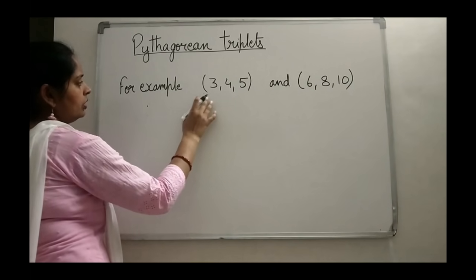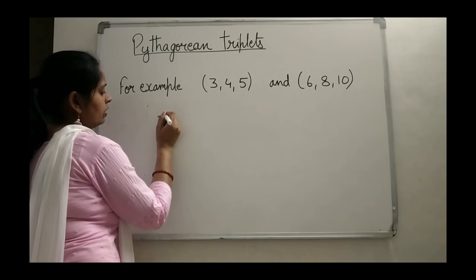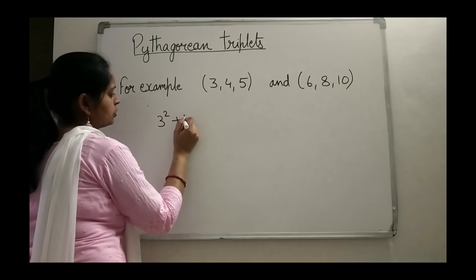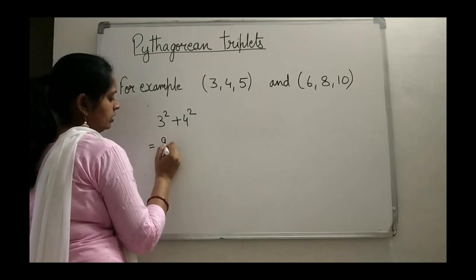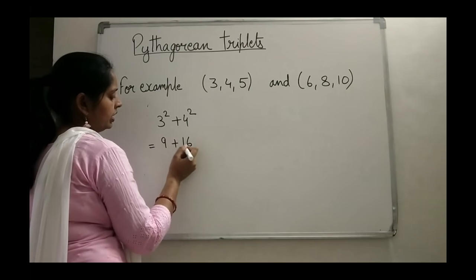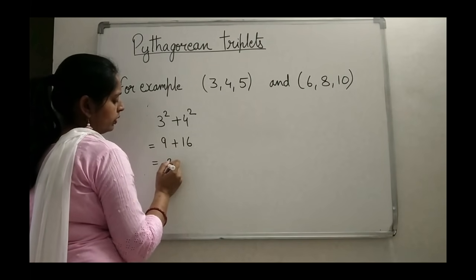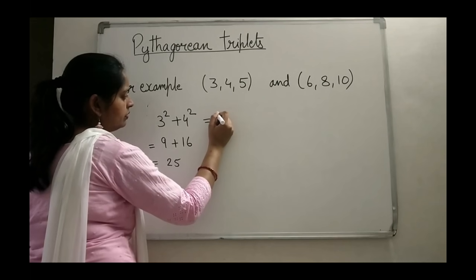Okay. Now, for example, 3, 4 and 5. See, are 3, 4 and 5 a Pythagorean triplet or not? See, 3 square plus 4 square. What is the value of 3 square? That is 9. What is the value of 4 square? That is 16. And 9 plus 16 is how much? 25. Right? Which is again equal to 5 square.